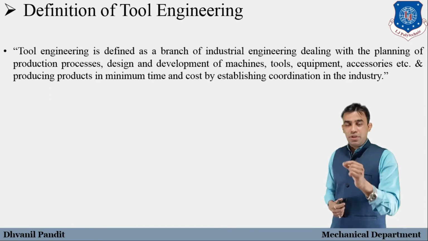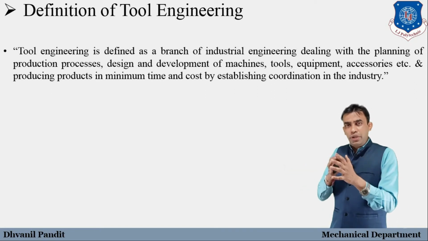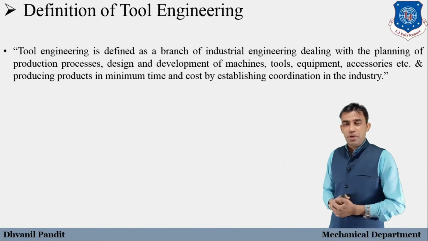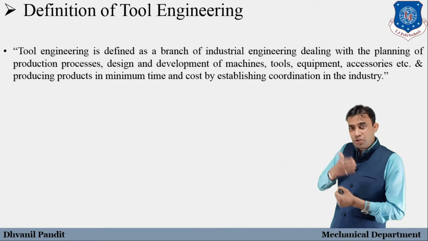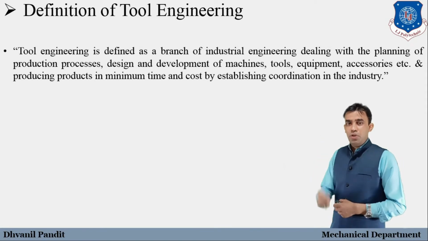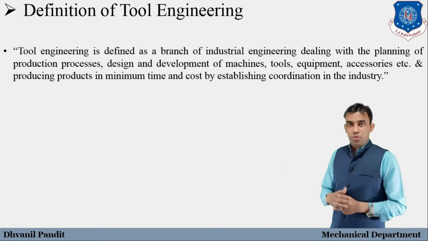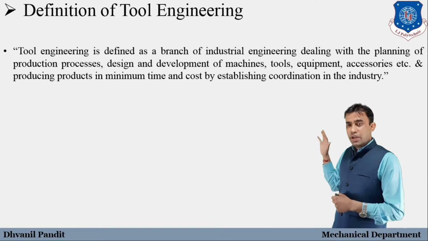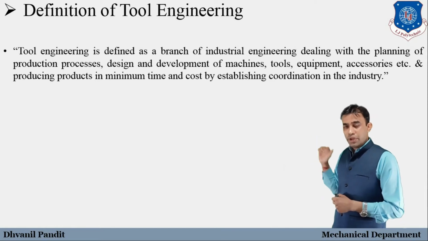By establishing coordination in the industry, we have to focus on three key parameters. If I break this definition into three aspects: the first one is planning of production process. The second is design and development of tools, as you can see in the definition.